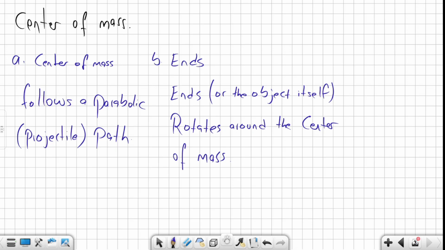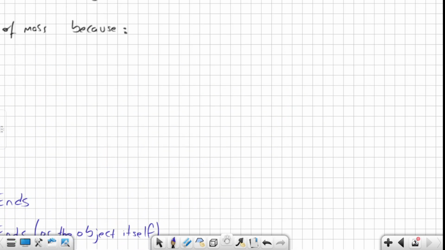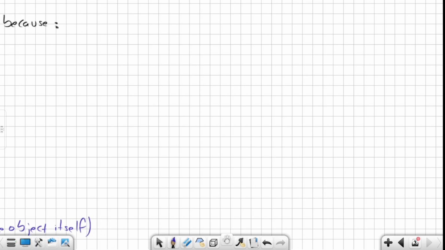The second reason we are studying the center of mass is this. If I want to hold any object, for example the pencil that you are writing with, and hold on to one of its ends. It can be a ruler, it can be any object.